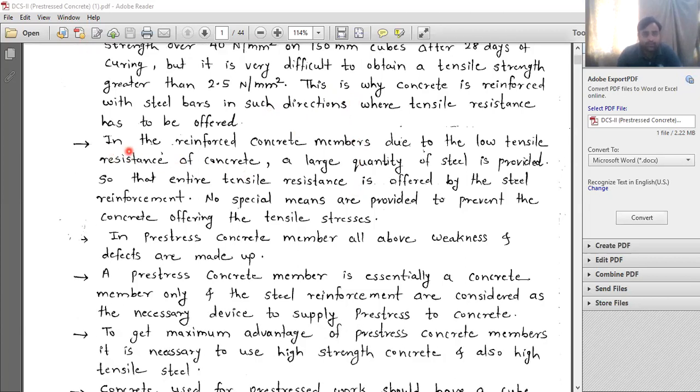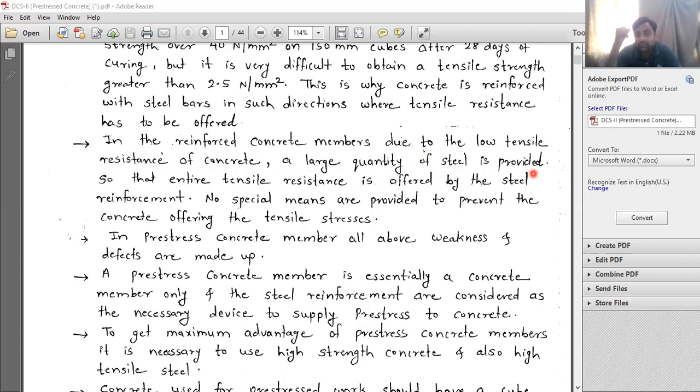The next is, in the reinforced concrete members, due to the low tensile resistance of concrete, a large quantity of steel is provided. You always know that we design and calculate the area of steel Ast. We have that long formula. From that formula, we calculate the area of the steel in mm², and then we calculate the number of bars, and that much quantity of steel is provided.